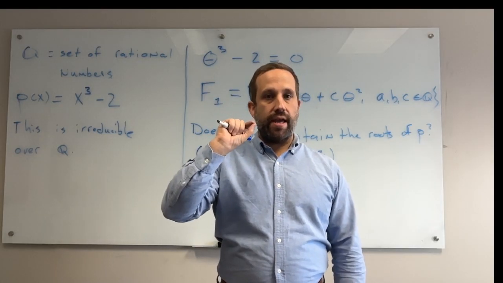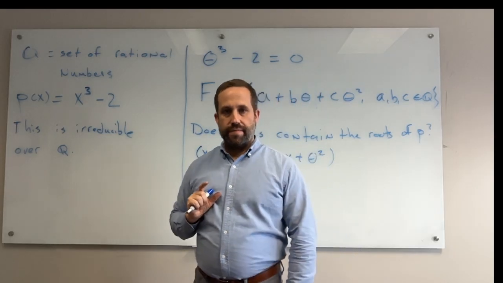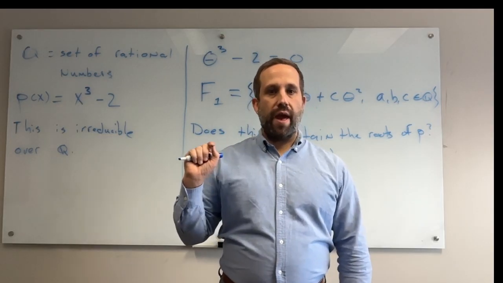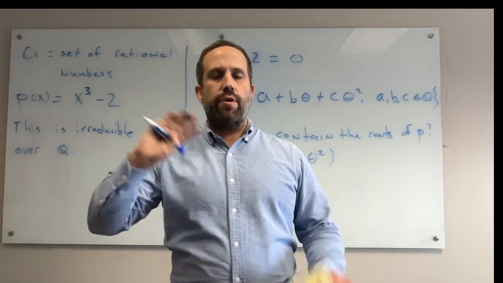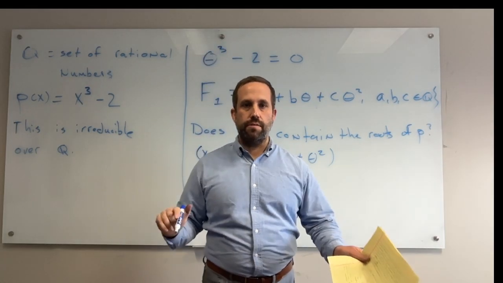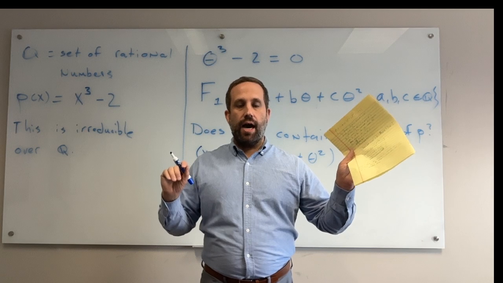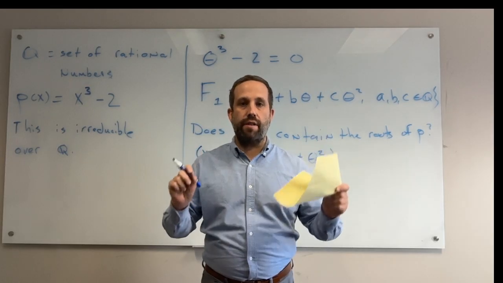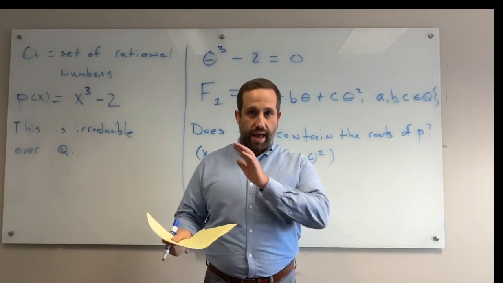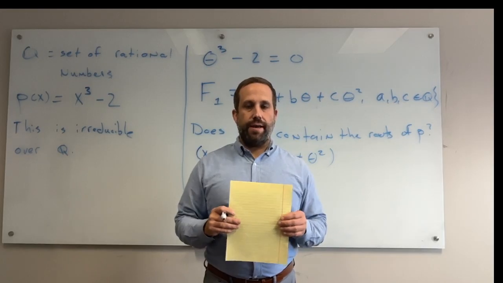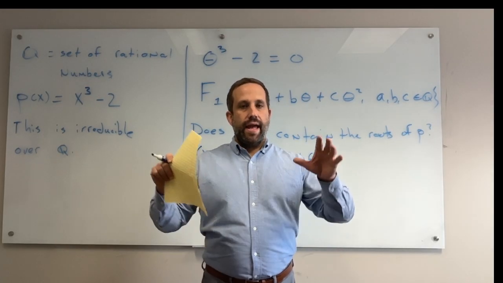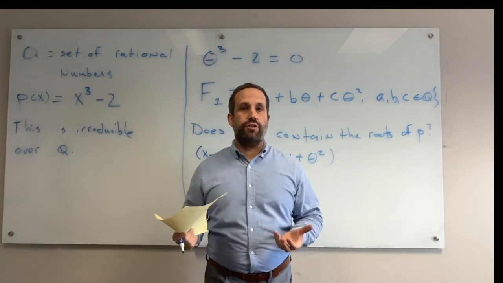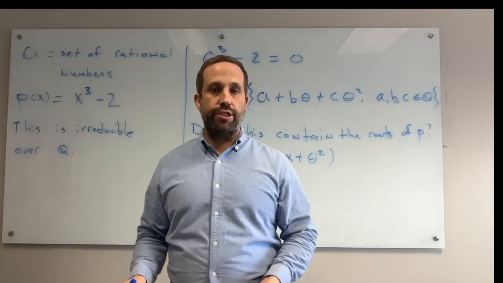Whenever you have a quadratic, let's think back to high school algebra. Whenever we have a quadratic over the real numbers, we know that if there are non-real roots, they always come in complex conjugate pairs: a plus bi, a minus bi. If we have a polynomial with rational coefficients, we know the irrational roots always come in conjugate pairs as well.